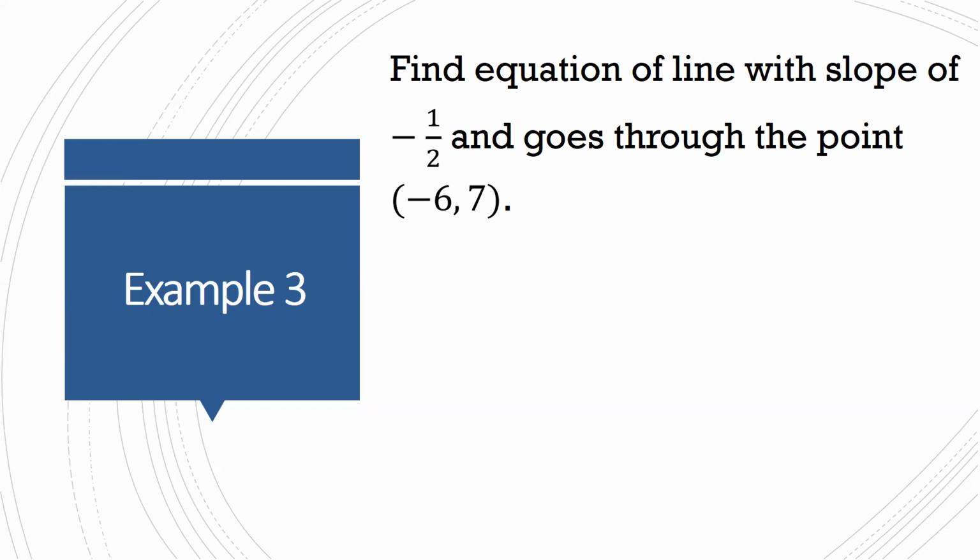Take a moment to pause the video and see if you can do this problem. All right, hopefully you tried that. If you didn't, I'm going to show you how it's done, so you can pause the video now if you'd like.